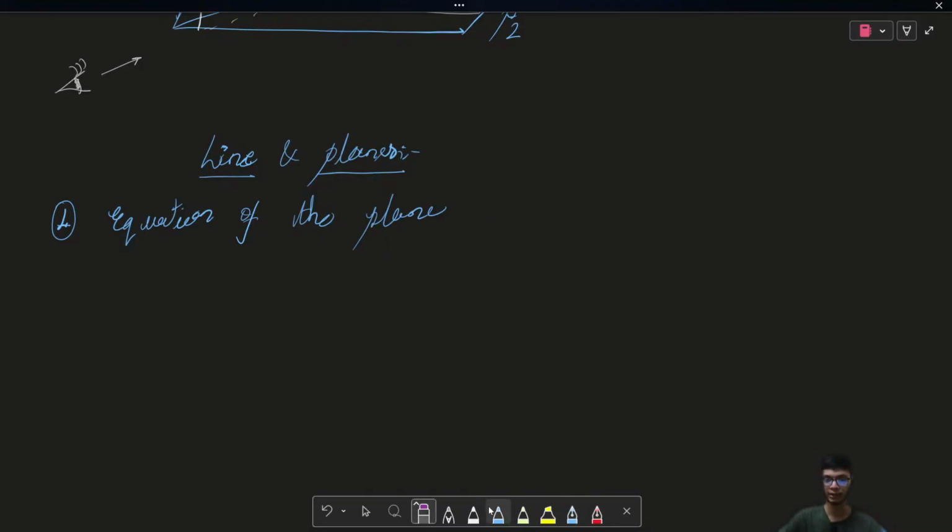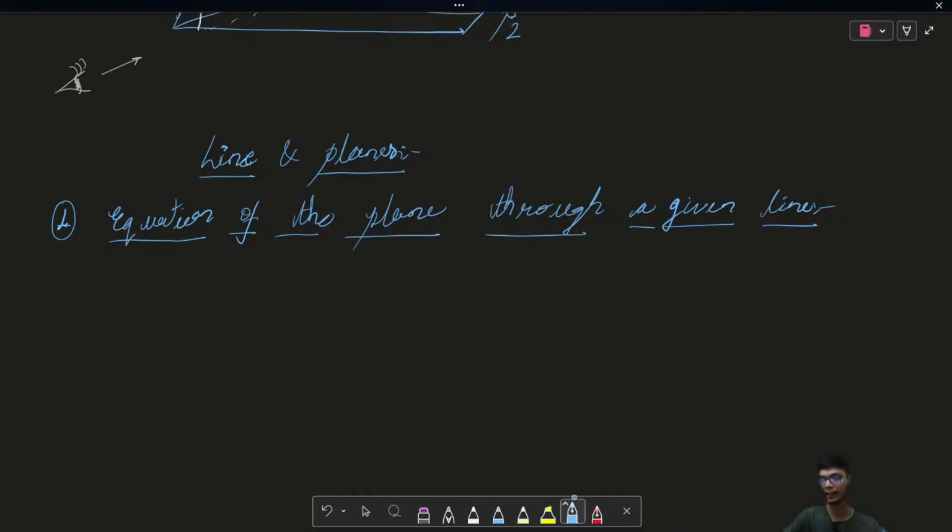If I need to find out the equation of a plane through any given line, how do we do that? Let us try to understand that particular thing.